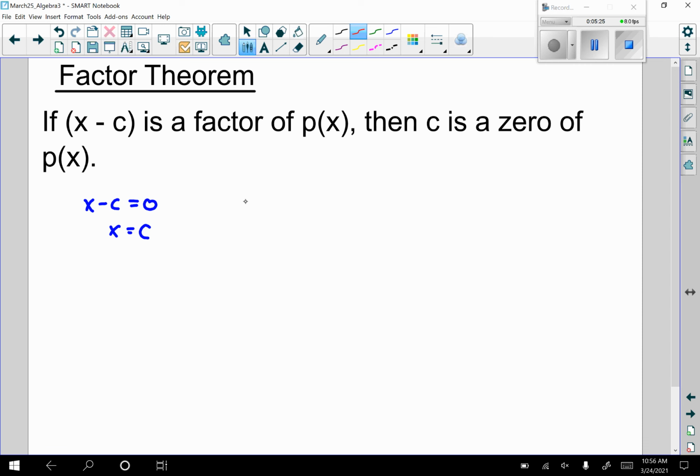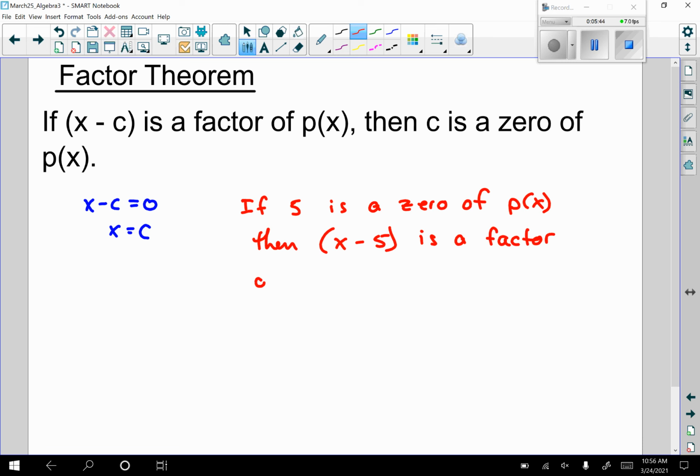And we can use this in reverse. If I were to say 5 is a 0 of p of x, then the factor x minus 5 is a factor of p of x.